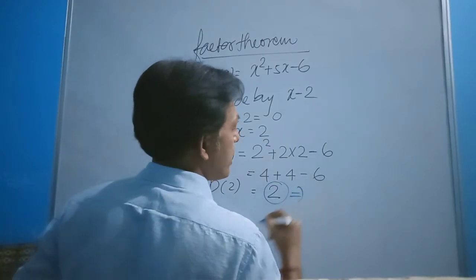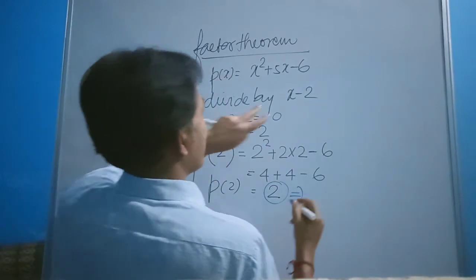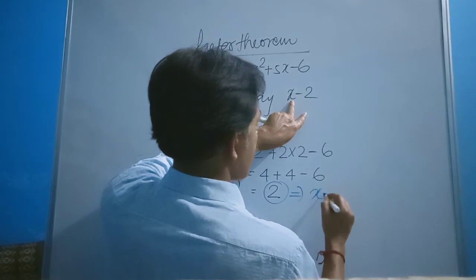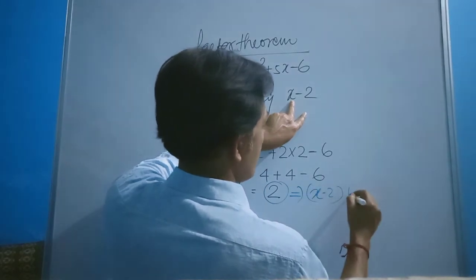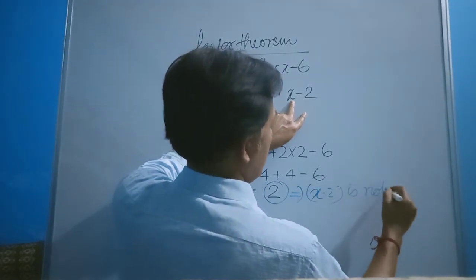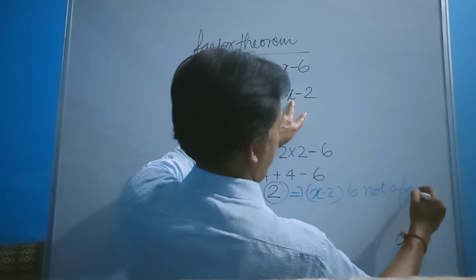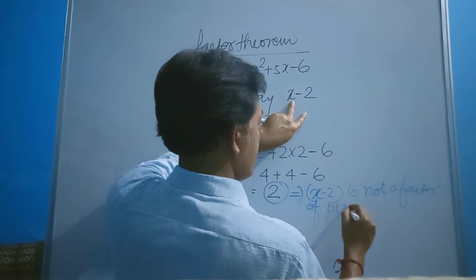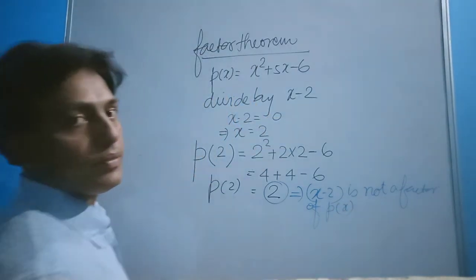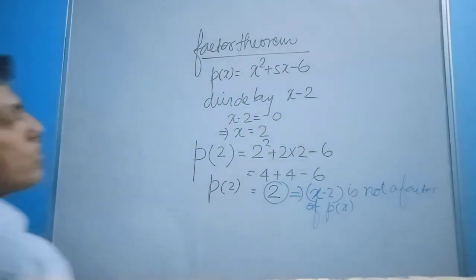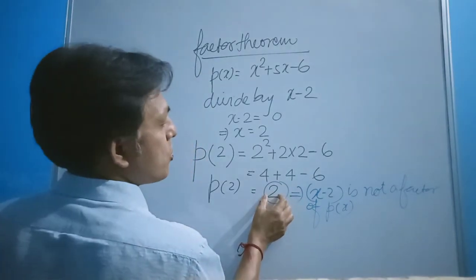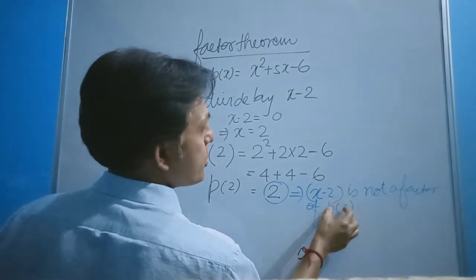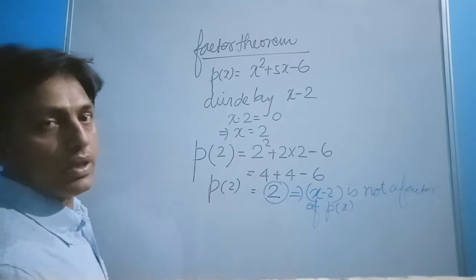So conclusion is this: x minus 2 is not a factor of p(x). Correct? Since the remainder is not 0, x minus 2 is not a factor.